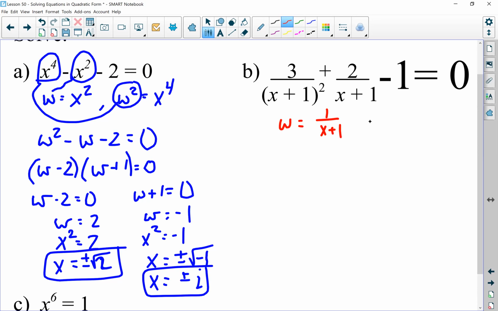And then w squared is going to be 1 over (x plus 1) squared. So I get 3w squared plus 2w minus 1 equals 0.